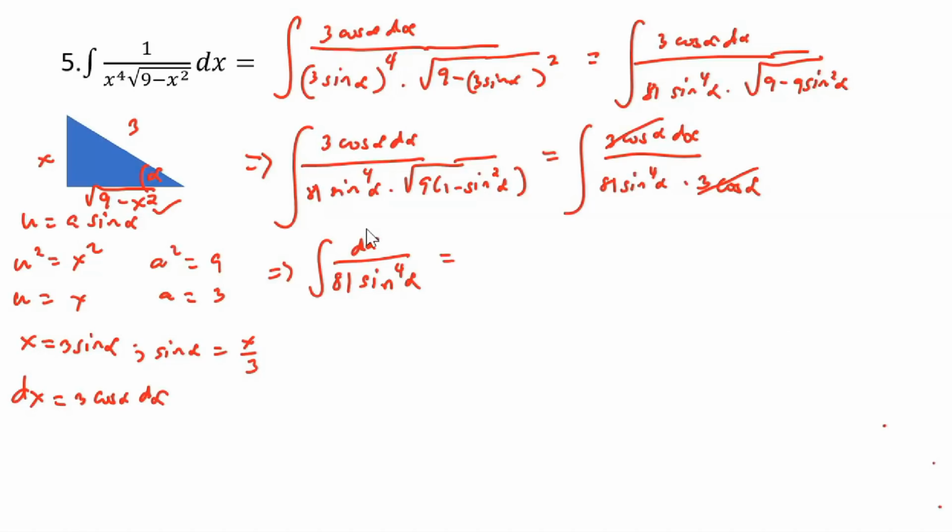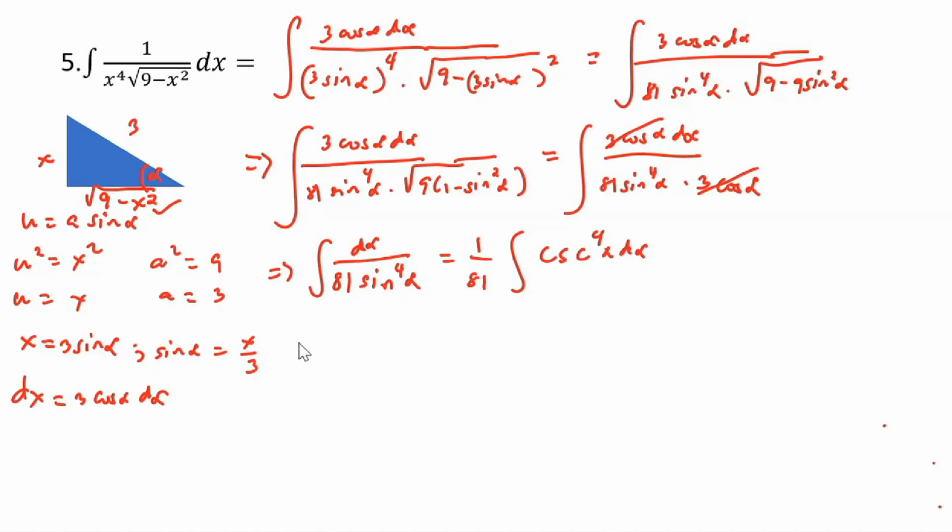So I can write that one now as 1 over 81, the integral of, since sine to the fourth power of alpha is in the denominator, to avoid having a fraction form, I will take the reciprocal identity. The reciprocal identity of sine will be equal to cosecant. So we can write now cosecant to the fourth power of alpha d alpha.